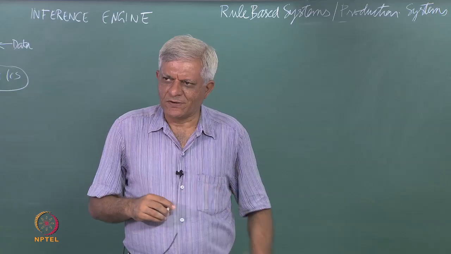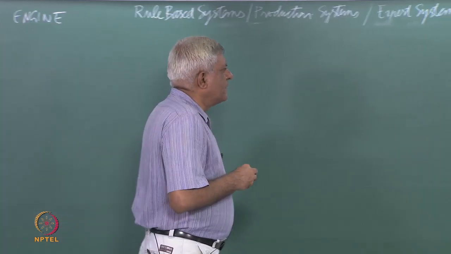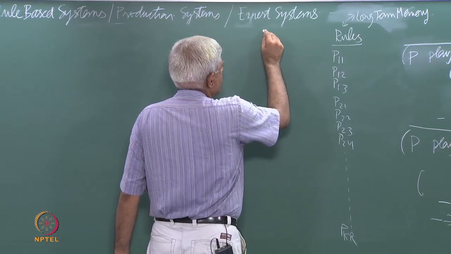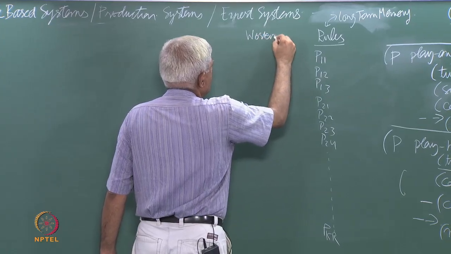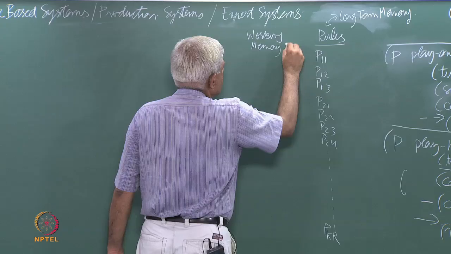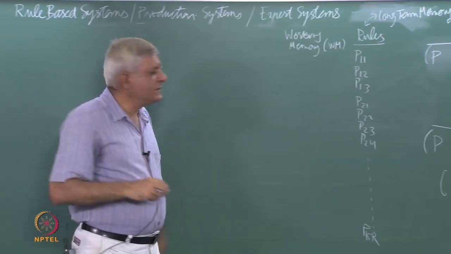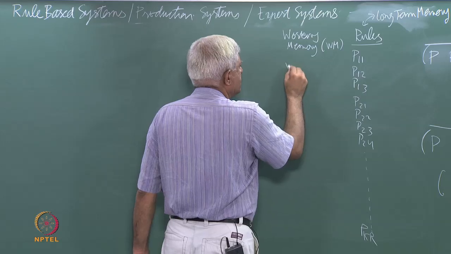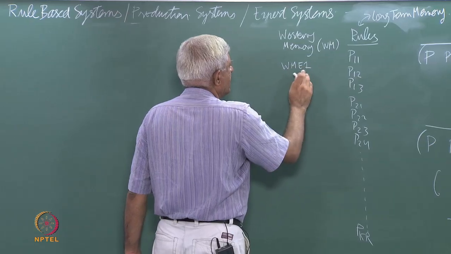So, you can think of it as long term memory, whereas the actual problem that you are trying to solve sits in memory which we call as working memory, or WM, which is also ordered. So, you have these data elements which we call working memory 1.